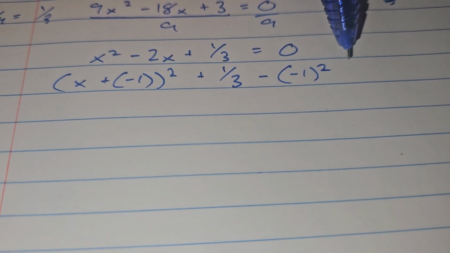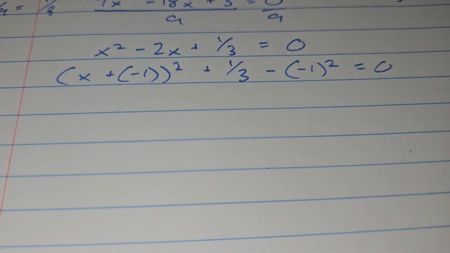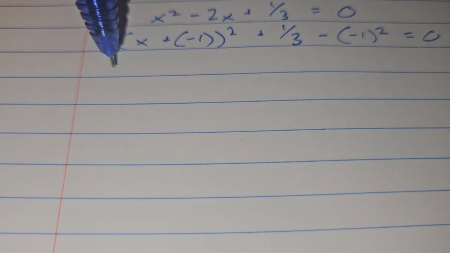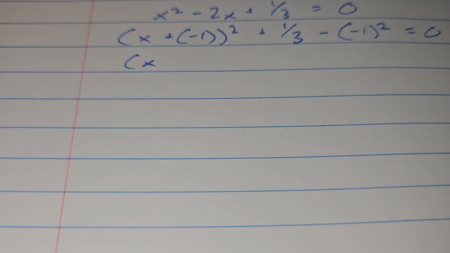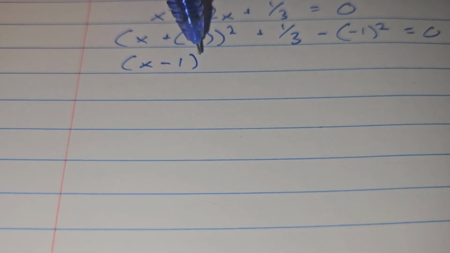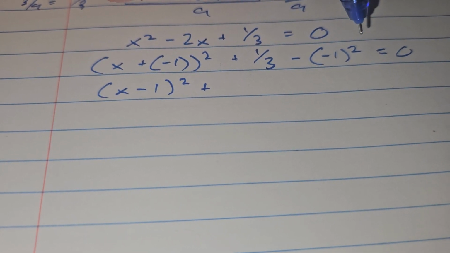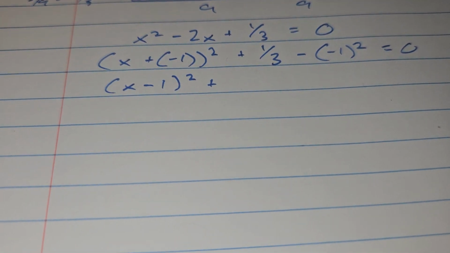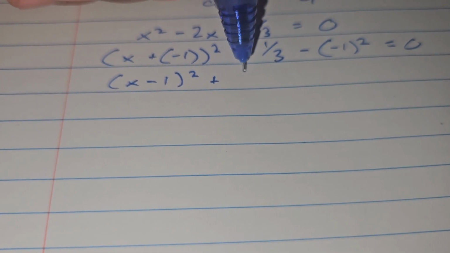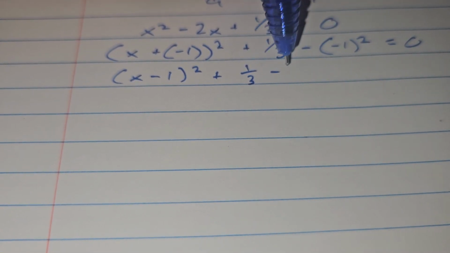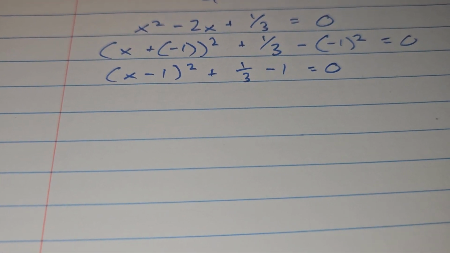You square that, it's equal to 0. And now you can write it like this. X minus 1 squared, plus 1/3, minus negative 1 raised to the second power, which is positive 1, minus 1. So it's going to be 1/3 minus 1 is equal to 0.